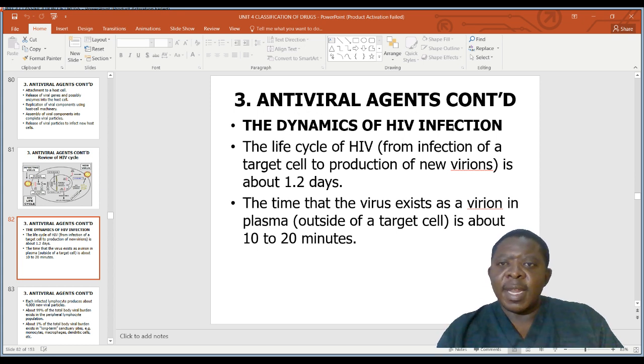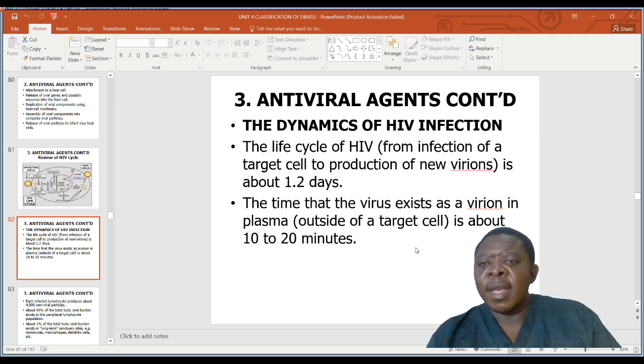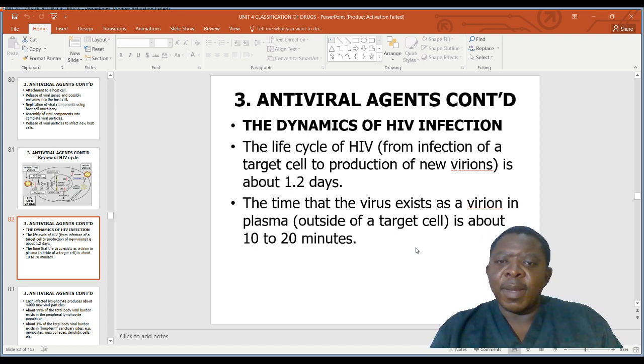So the dynamics of the HIV infection: the life cycle of HIV from infection of a target cell to production of new virions is about 1 to 2 days. The time that the virus exists as a virion in plasma outside of the target cell is about 10 to 20 minutes.